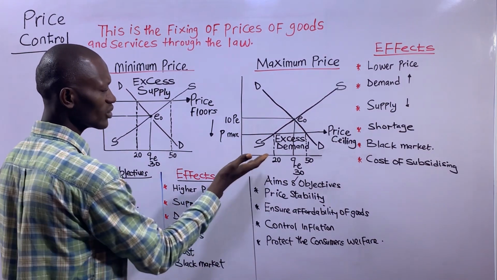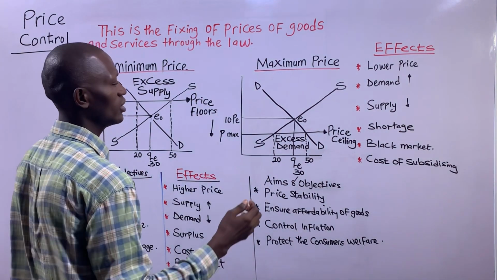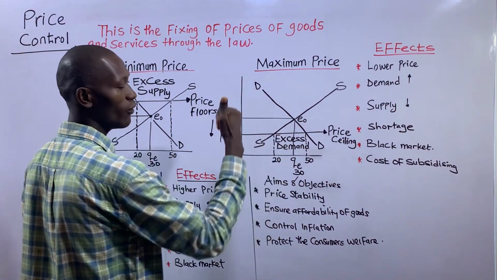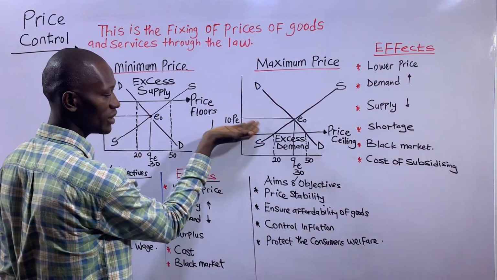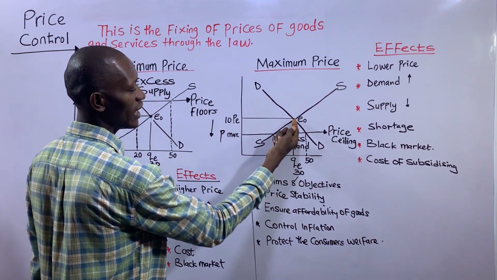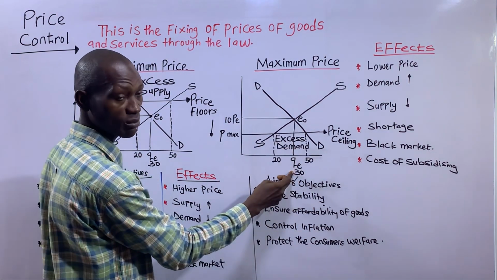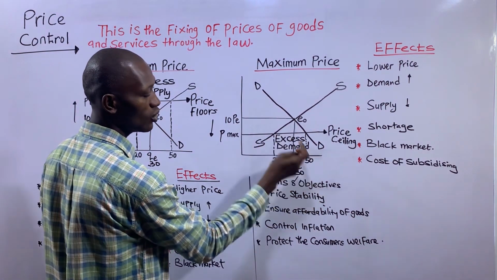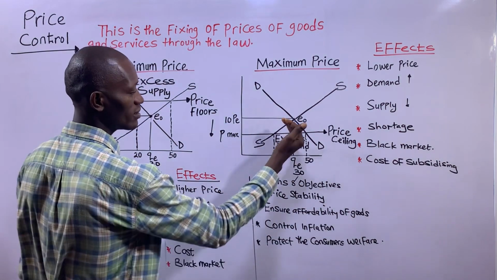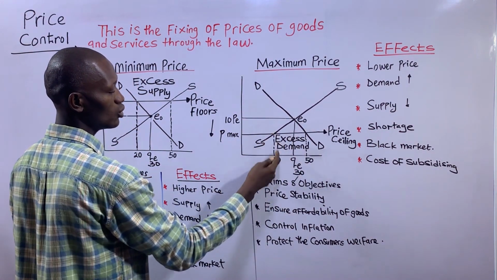And with respect to maximum price legislation, you can see now that due to the downplaying of the price by the government below the equilibrium, there is an extension in demand from 30, which is the equilibrium quantity, to 50. Then there is a contraction in supply from 30 to 20.